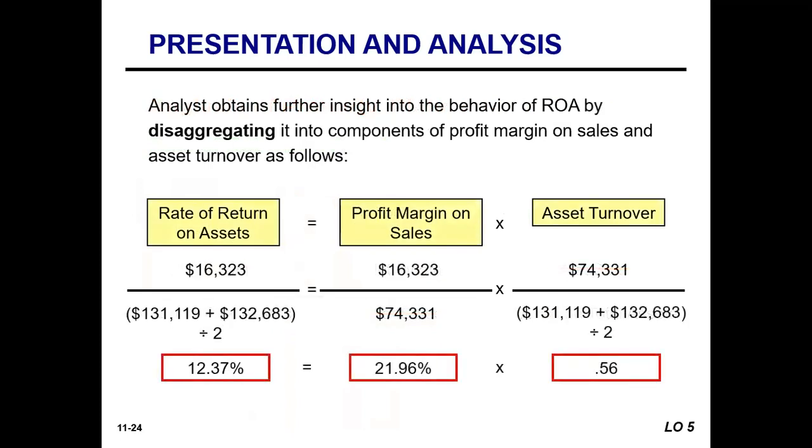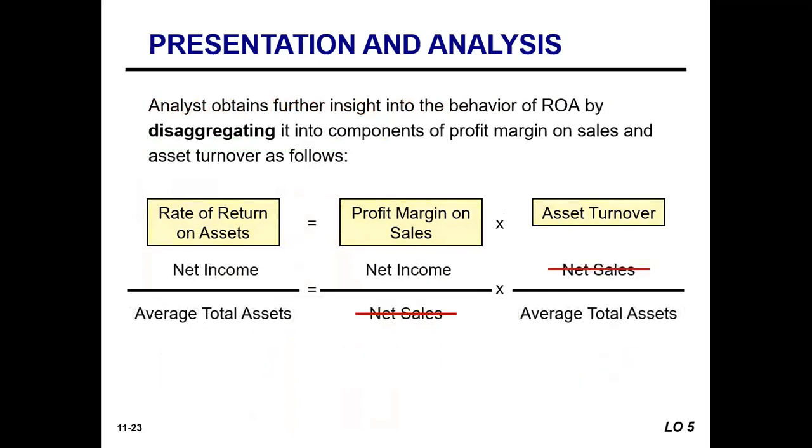Okay, and then let me go back here. On this one, it says, analyst obtains further insight into the behavior of return on assets by disaggregating it into components of profit margin on sales and asset turnover as follows. So rate of return on assets equals the profit margin on sales multiplied by the asset turnover.